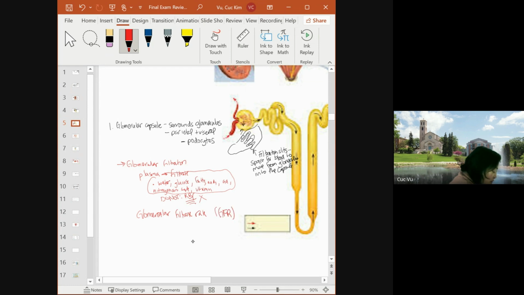I'm sure you've heard of this if you go to get your blood done, since they always measure glomerular filtration rate. The GFR is essentially the amount of fluid that moves from plasma to being filtered per minute by both kidneys. And why is this important? Because it's going to be determined by blood pressure.